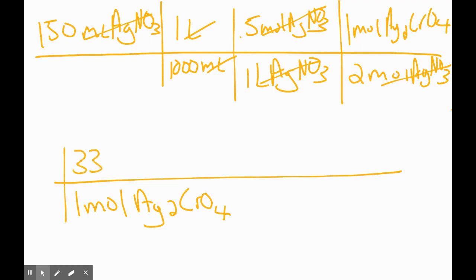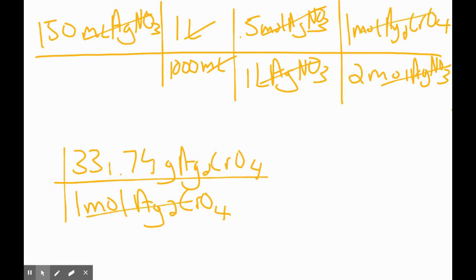And that is 331.74 grams of silver chromate. And then moles of silver chromate will cancel out and we'll be left with grams of silver chromate, which is what we want. So that will give us 12.4 grams of silver chromate.